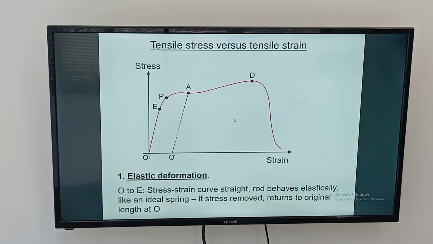To understand this further, we can look at this diagram. We have on the x-axis the stress, and the y-axis is the strain. And you have here the points E, P, A, and D.